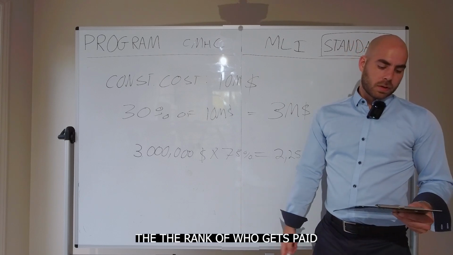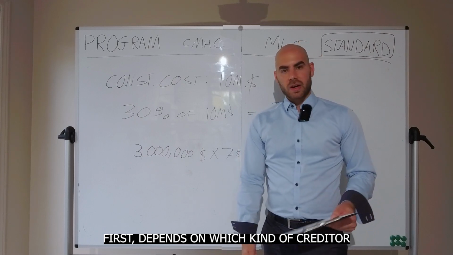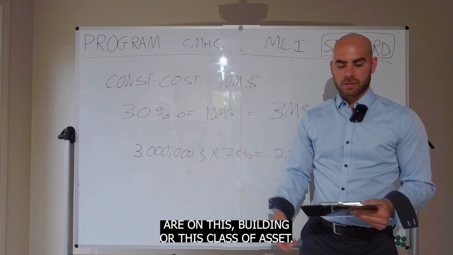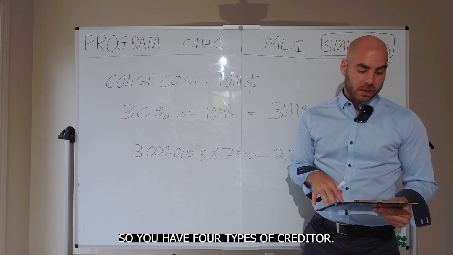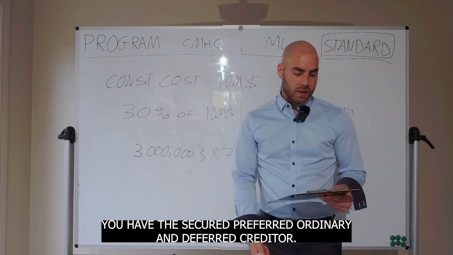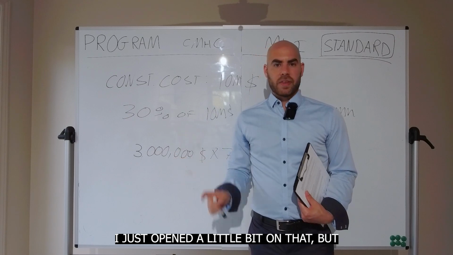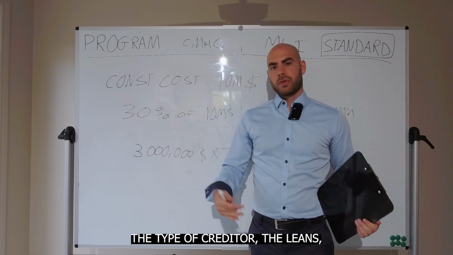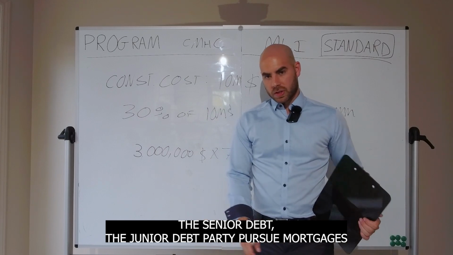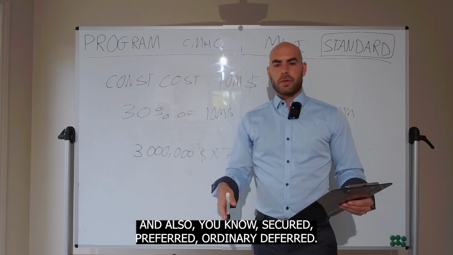But the rank of who gets paid first depends on which kind of creditor are on this building or this class of asset. So you have 4 types of creditor. You have the secured, preferred, ordinary, and deferred creditor. Honestly, I just opened a little bit on that, but the type of creditor, the liens, the senior debt, the junior debt, pari passu mortgages, and also, you know, secured, preferred, ordinary, deferred.